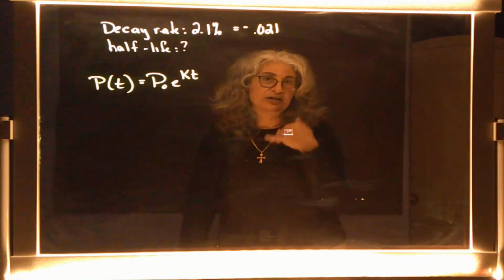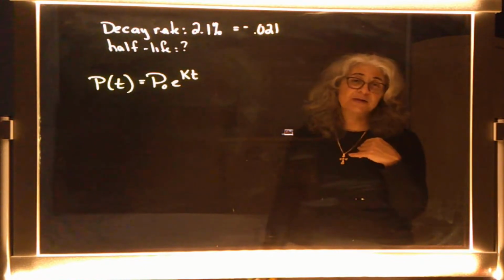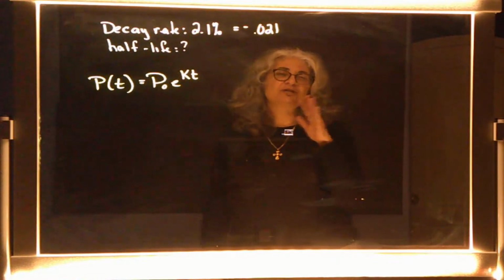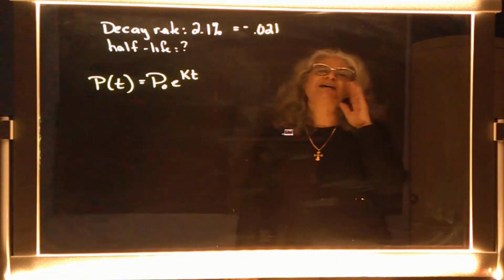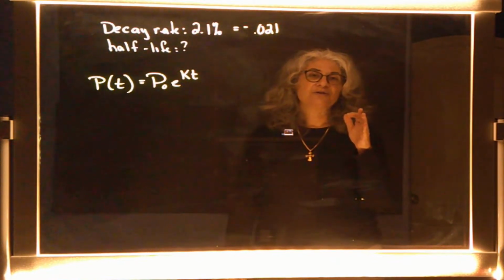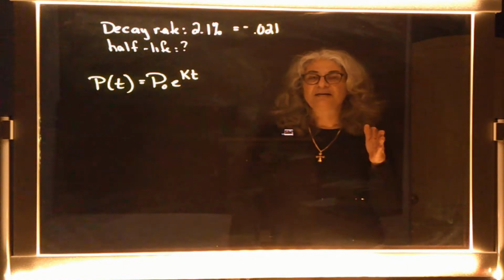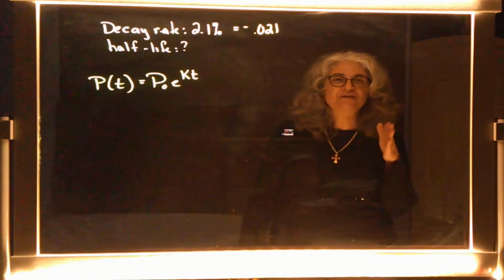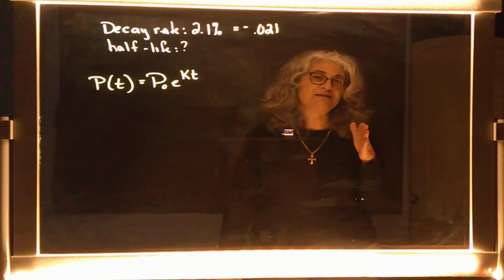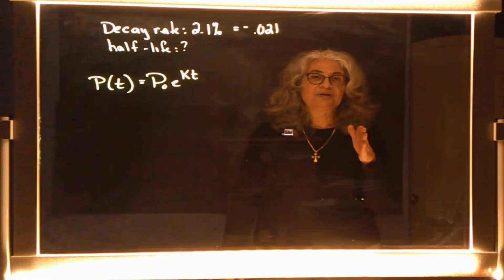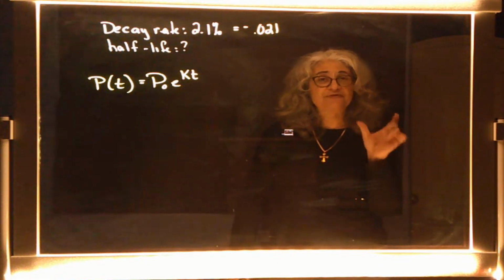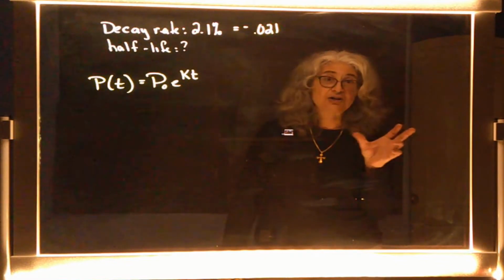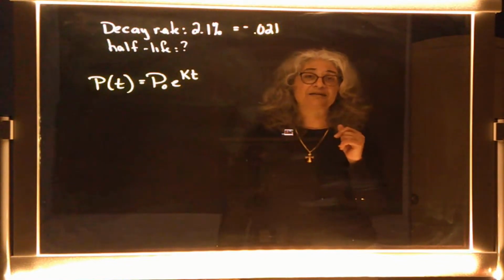For instance, that carbon-14 content that we spoke about a little bit ago, when they look at the bones, they're trying to find the half-life of that carbon-14. And once they know the half-life of that carbon-14, then they know that at that particular point in time, 50% of the carbon-14 has decayed.